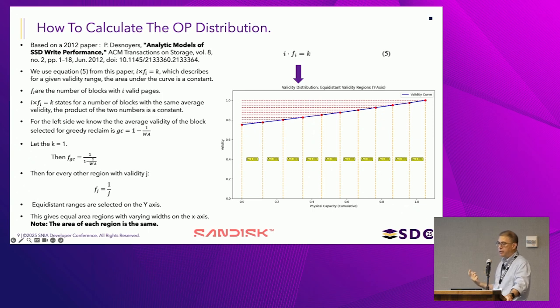So what we do is we resample this curve at fixed steps, so that we still get a particular validity per region, but the regions are all the same width along the x-axis.